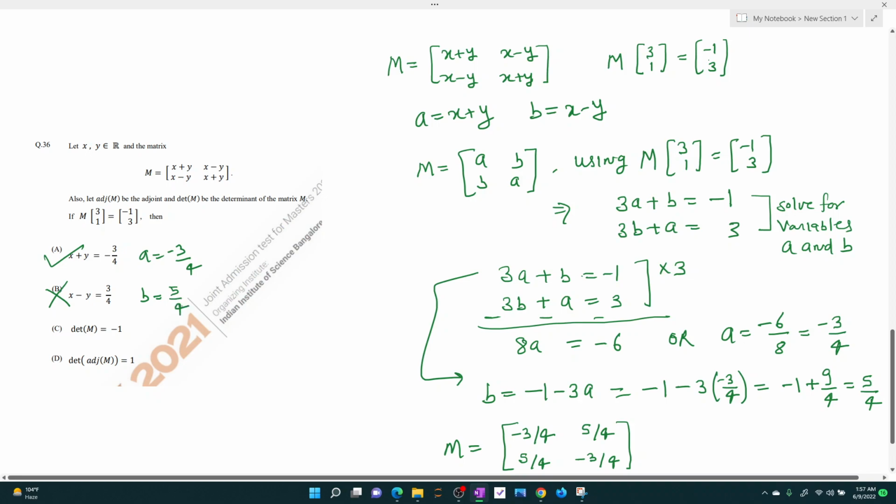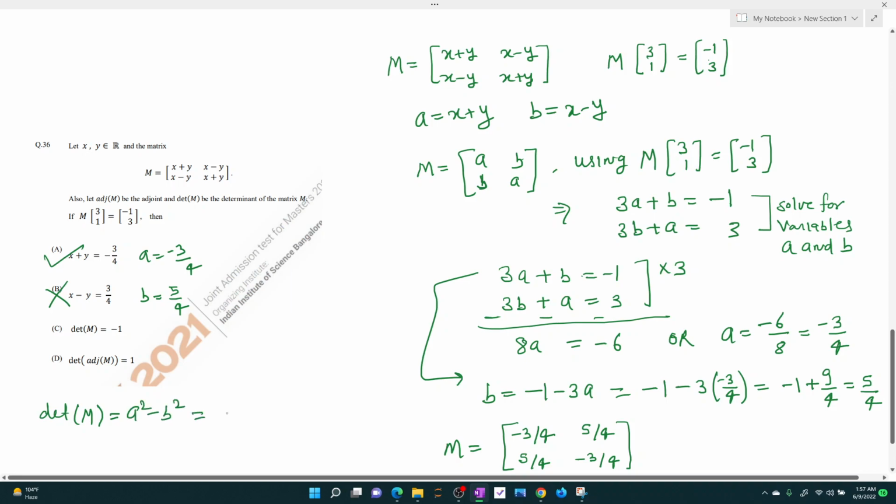Now let's check options C and D, where they ask about the determinant of M and the determinant of the adjoint of M, right? So first things first, let's find the determinant of M. You can see that M is a, b, b, a. So the determinant of M is nothing but a square minus b square, right?